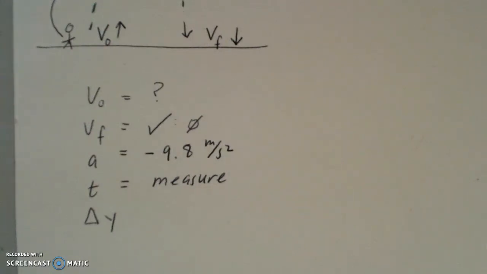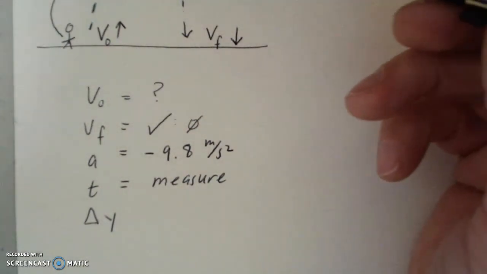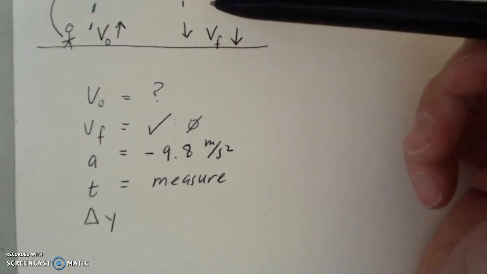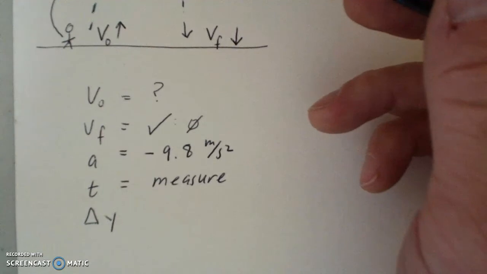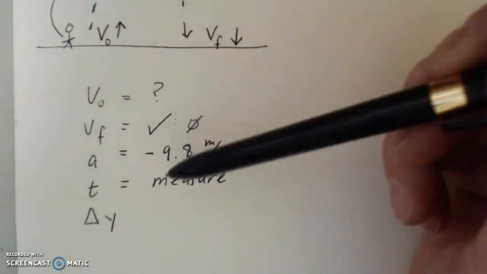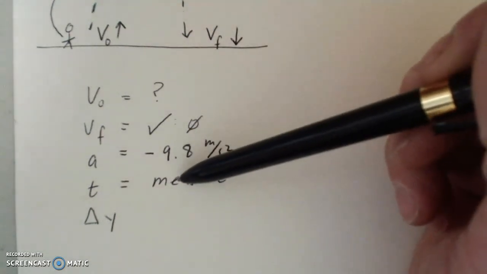But there's a really key thing that you have to remember to do. If you break this motion into 2 parts, doing that trick where now we know final velocity at the top is 0, well, we also have to break our time in half too.